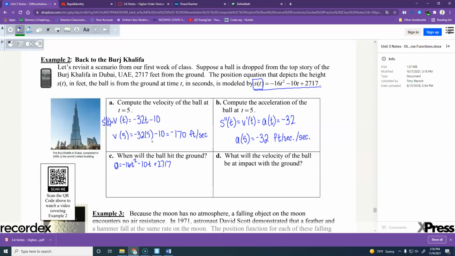I'm pretty sure this won't factor. I worked it out earlier. So what else do we know how to do to solve this? Quadratic formula, negative 10 plus or minus the square root of 10 squared minus 4.